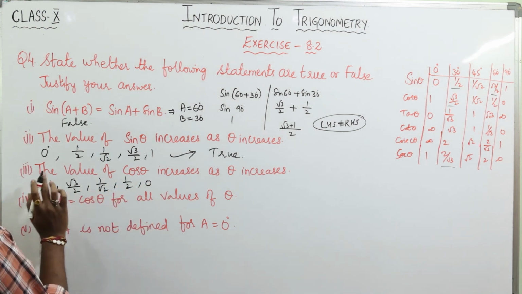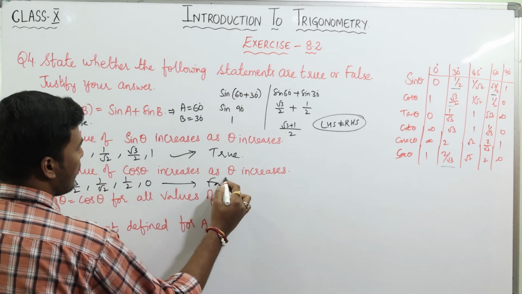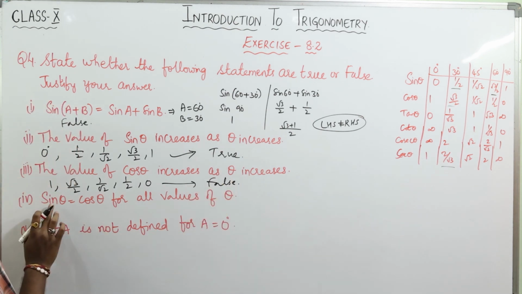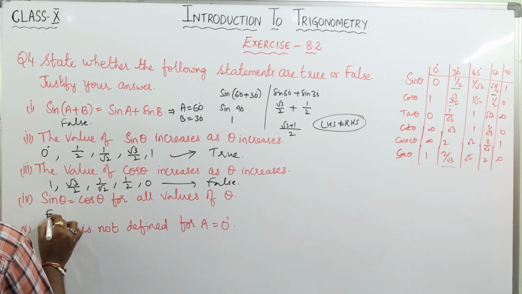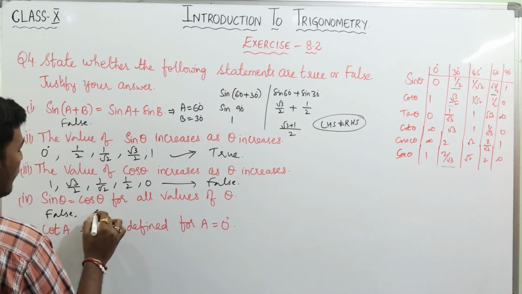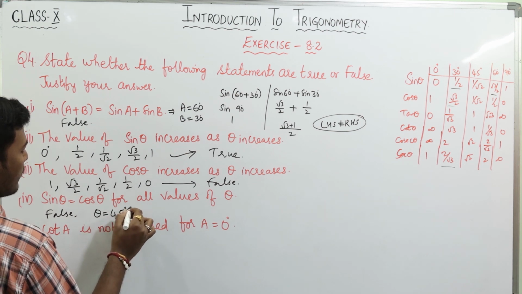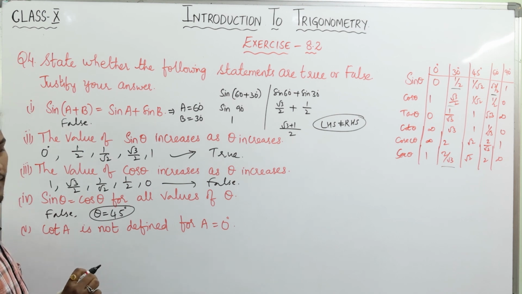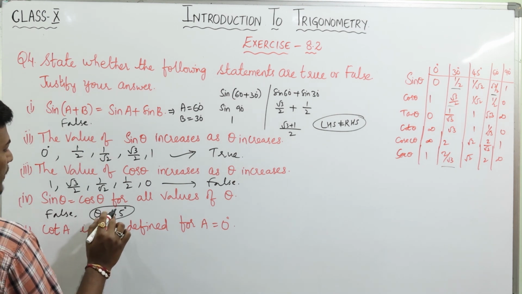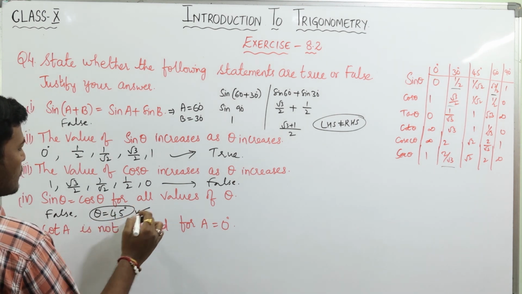It is going from 1 to 0. So it is false. Next, sin theta is equal to cos theta for all values of theta. It is false, because only if theta is 45 degrees will sin be equal to cos. In all the rest of the cases, it is false. Only for theta equal to 45 degrees, it is true.